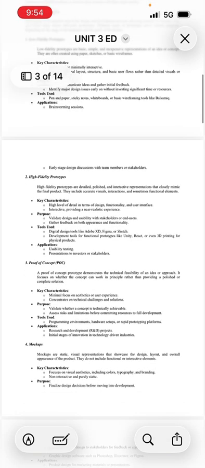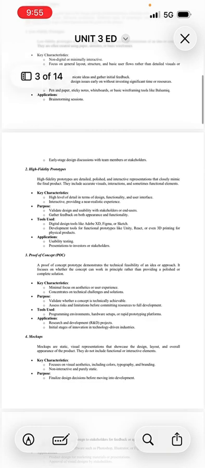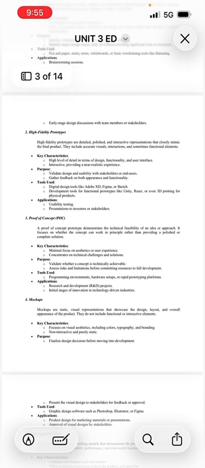And next is mockups. Mockups are static visual representations that showcase the design, layout and overall appearance of the product. They do not include functional or interactive elements. The key characteristics are a focus on visual aesthetics, including colors, typography and branding.